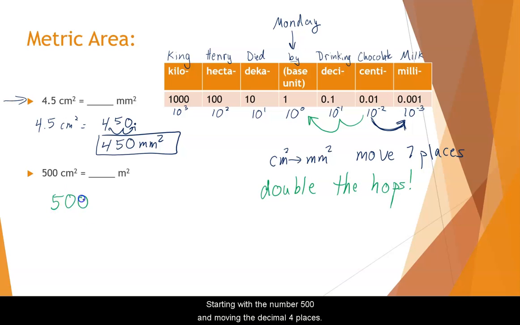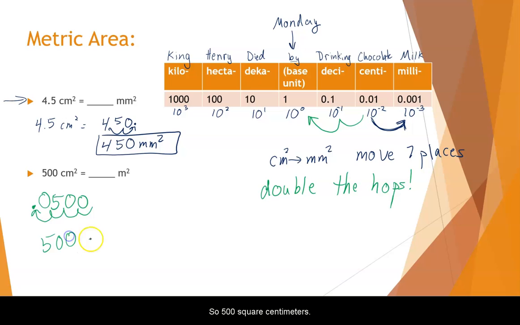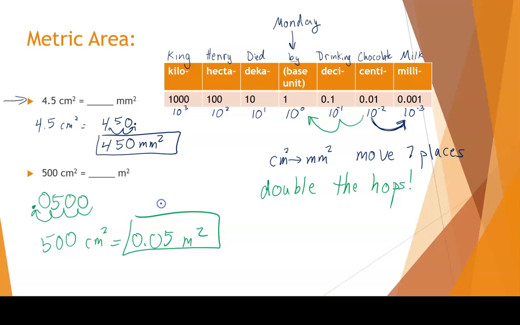So starting with the number 500 and moving the decimal 4 places, lands the decimal right there. And we fill in the missing hop with a 0. So 500 square centimeters equals 0.05 square meters.